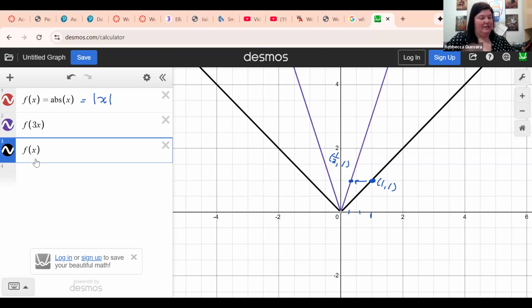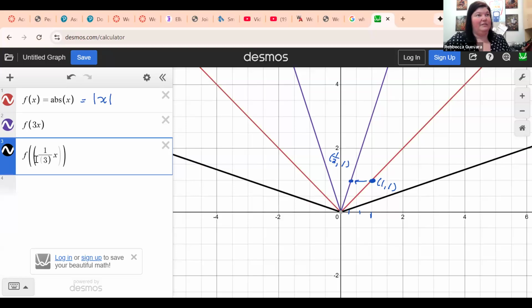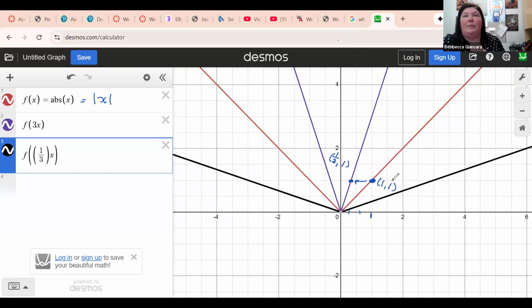So let's say instead, we're going to go directly on the x, but we're going to multiply by 1/3. There we go. Now what we see happen is that this point here has now moved out this way and is now here.